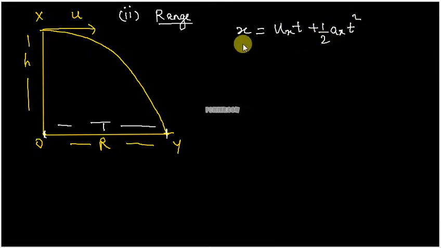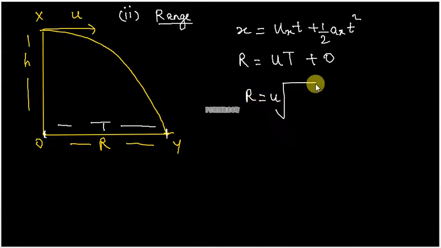X, the horizontal distance covered, is the range R, that is equal to uxt, which was u, times t, it's going to be capital T, plus 0 because there is no acceleration along the x-axis. I hope you remember in the beginning I said the velocity along the horizontal is constant throughout, so ax is going to be 0.